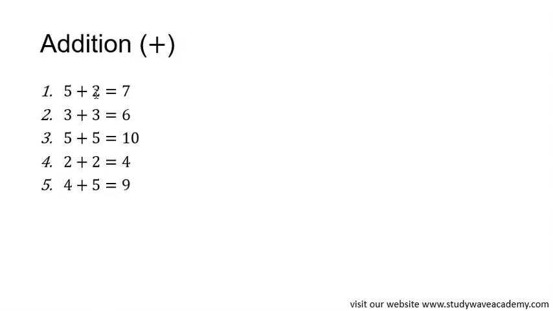So now let's add together. We start with the right. 1, 2, 3, 4, 5, 6, 7. So how many fingers did you count? 7 fingers. Okay, so let's look at the next one.